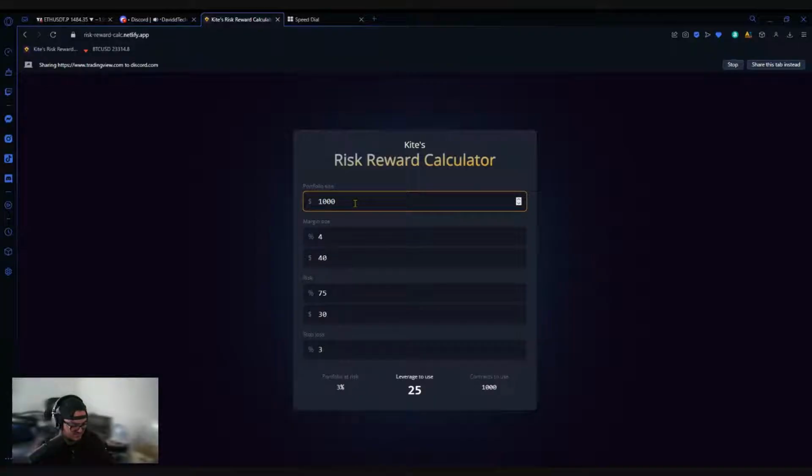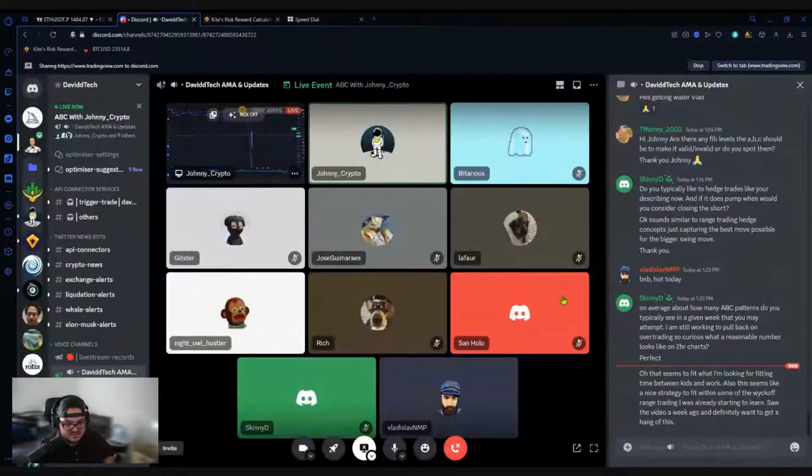It's going to be a $40 ETH value cost. 6.5. Stop loss, long, it's going to be 75% at 25x. Enter. Okay. All right. I set a conditional. Let's see.